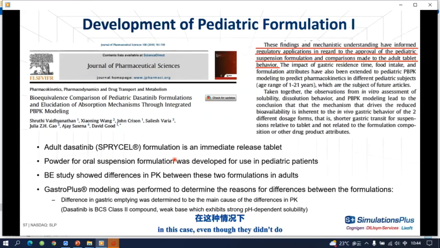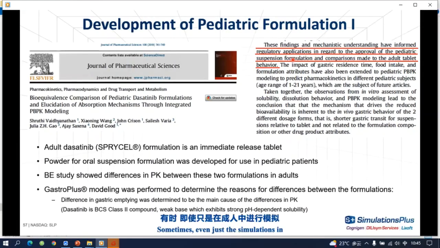So in this case, even though they didn't do specifically pediatric simulation, right? Even though not in this publication, as they infer they did also simulations in pediatric subjects, just not in this specific paper. But even these simulations already were impactful on, or were helping them to inform, the application to approve the pediatric suspension formulation.